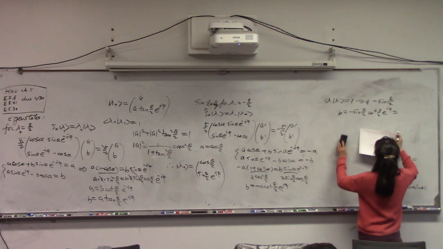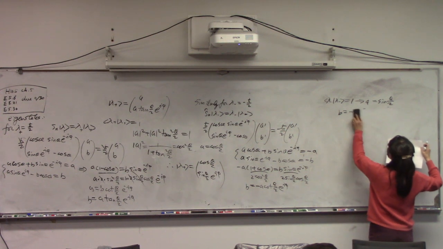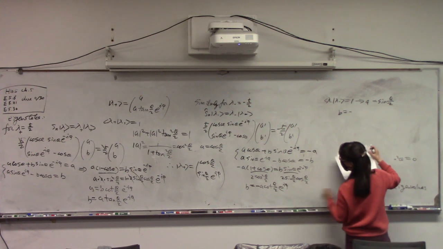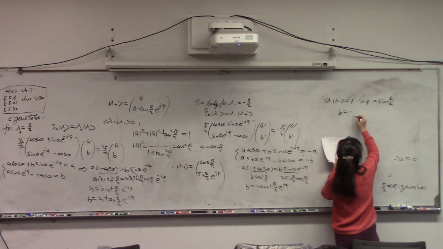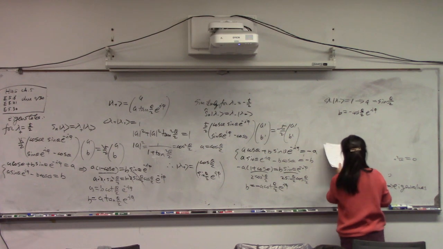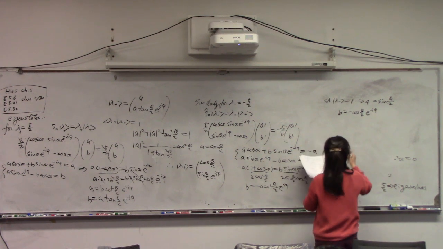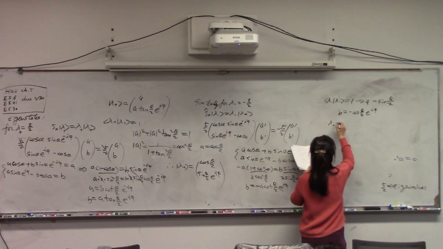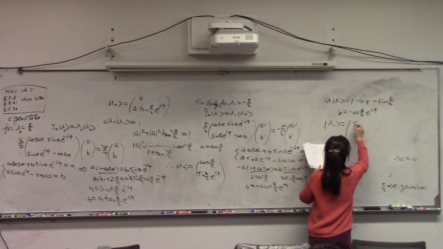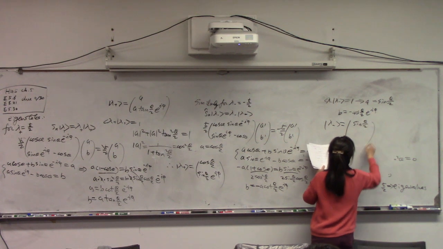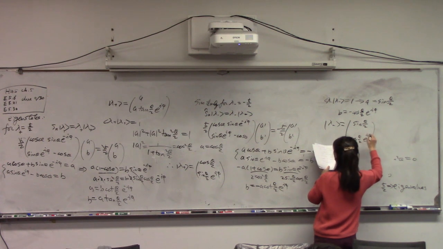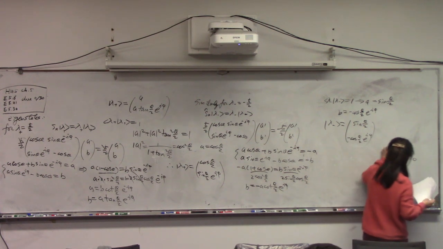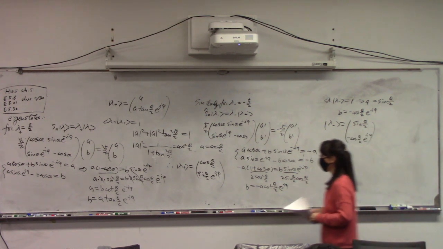So I need this, just direct substitute here. So that is minus. Then finally, normalize. Plus sine of theta minus cosine of theta. Okay, so we obtained the eigenvalue and the eigenstates.